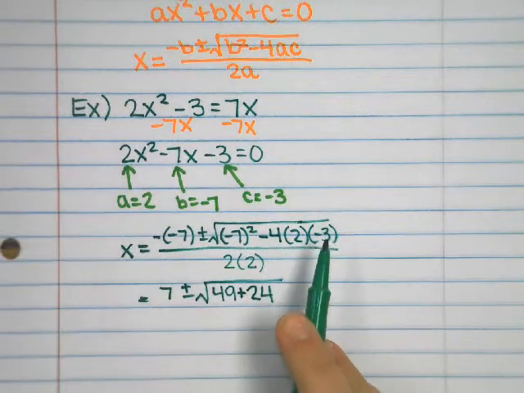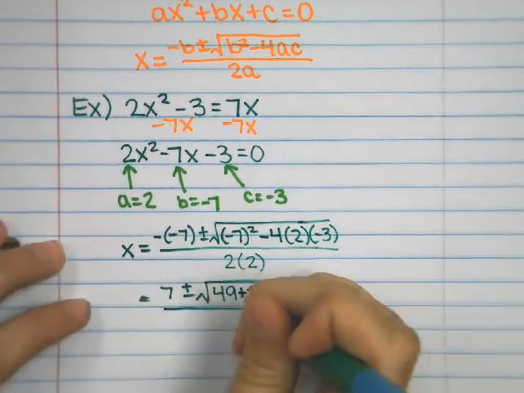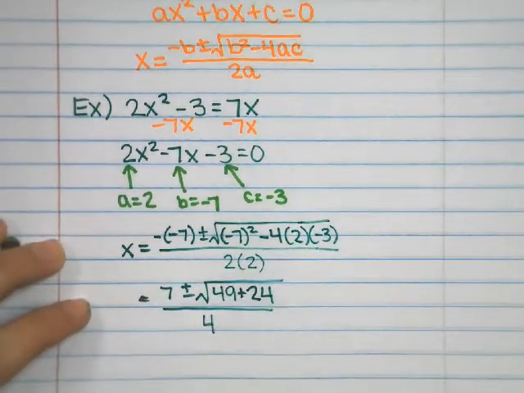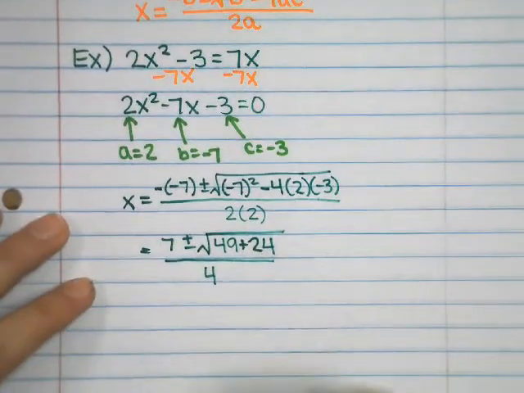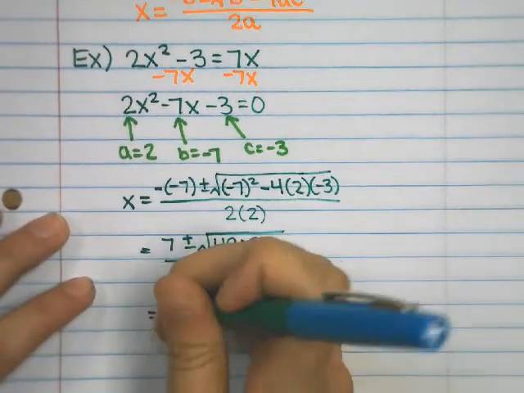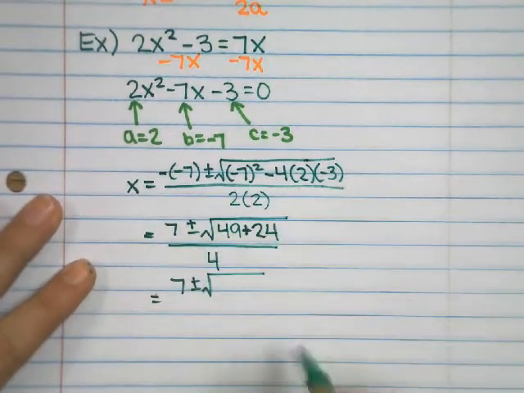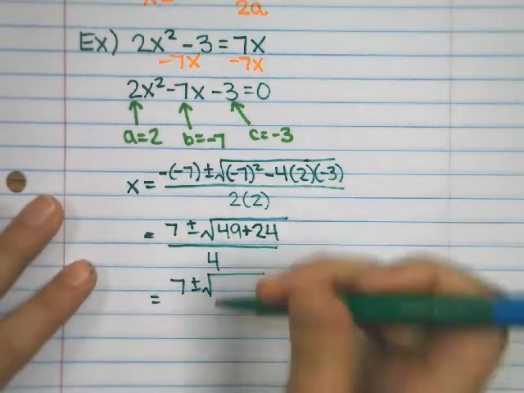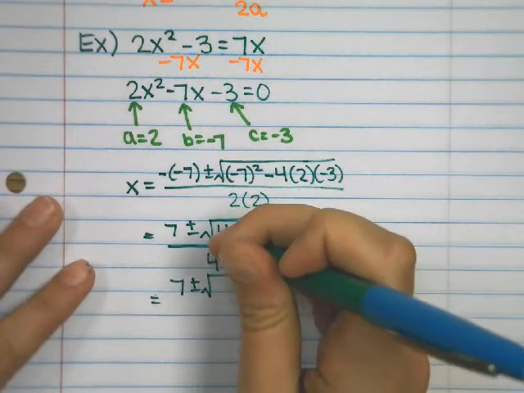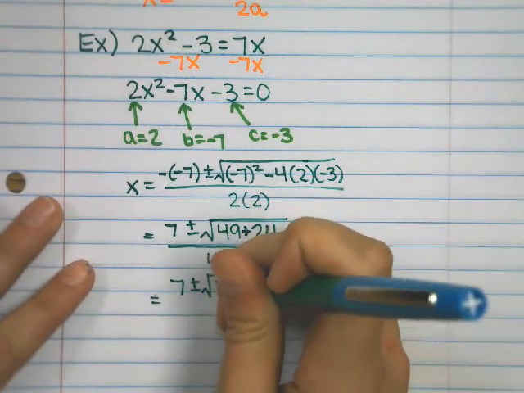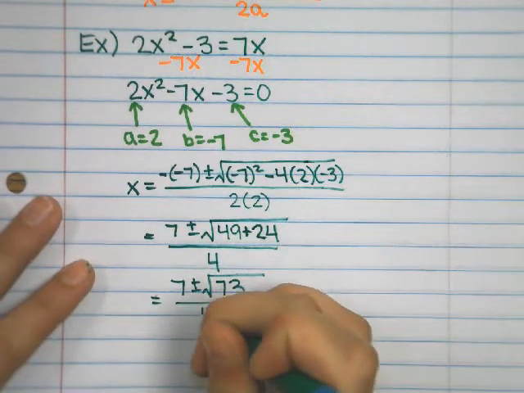That's negative 8 times a negative 3, that's positive 24, all over 2 times 2, which is 4. I'm going to keep on simplifying. So I have 7 plus or minus the square root. Put these together here, that's 73.